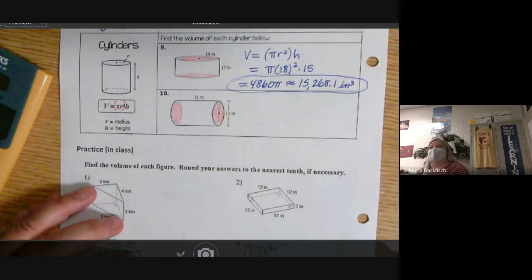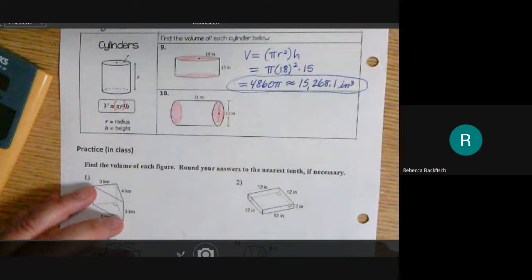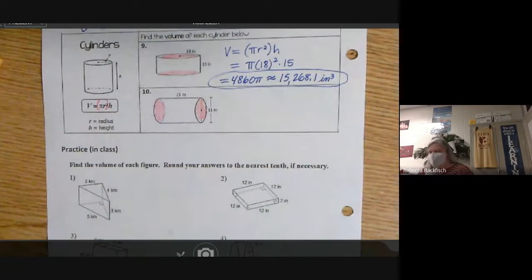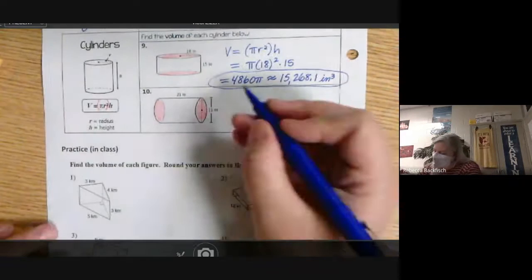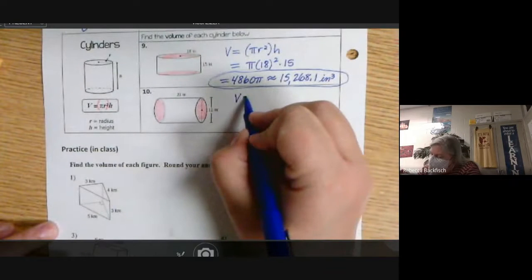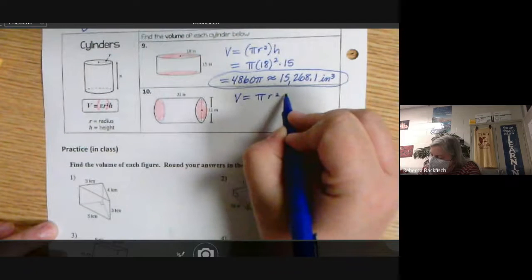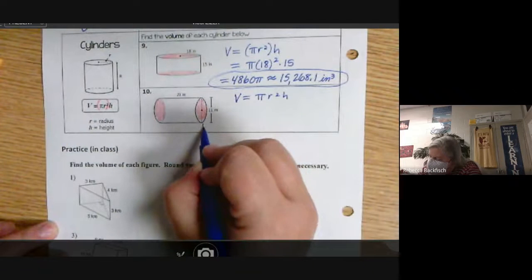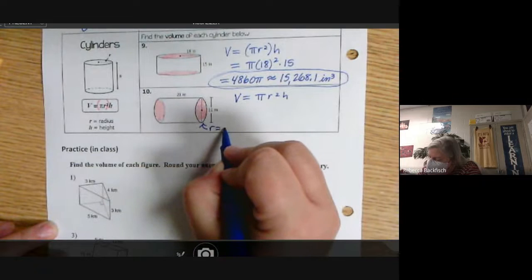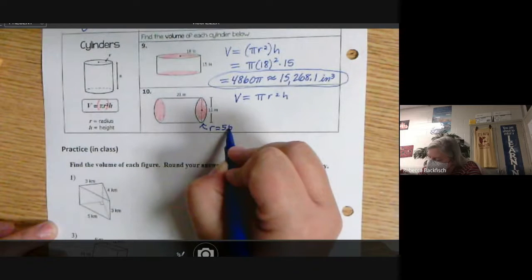What do you have to be careful about on number 10? Bingo. Does everybody see that? It gives you the diameter and not the radius. Since the formula uses radius, I have to say my radius would be half of 11, which is 5.5.